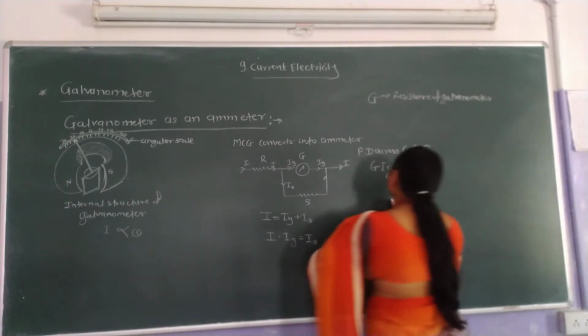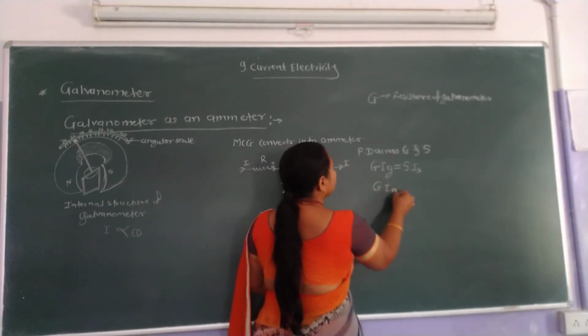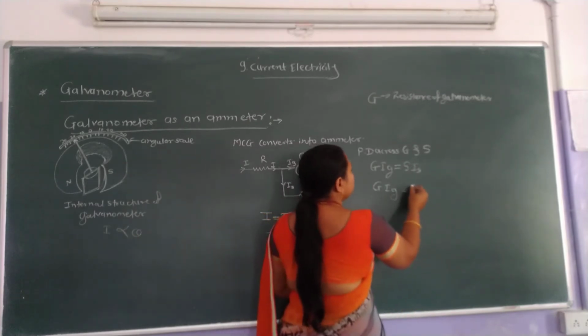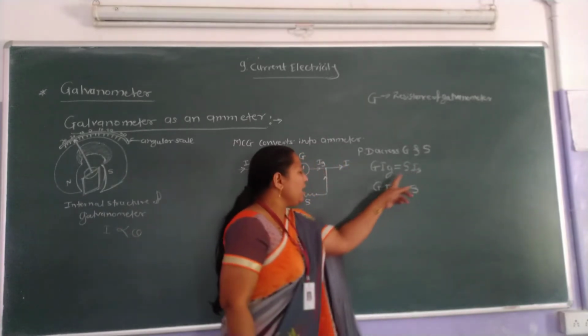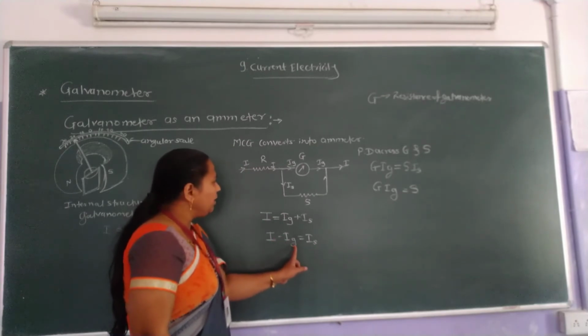Substituting that value, G into Ig is equal to S into (I minus Ig).